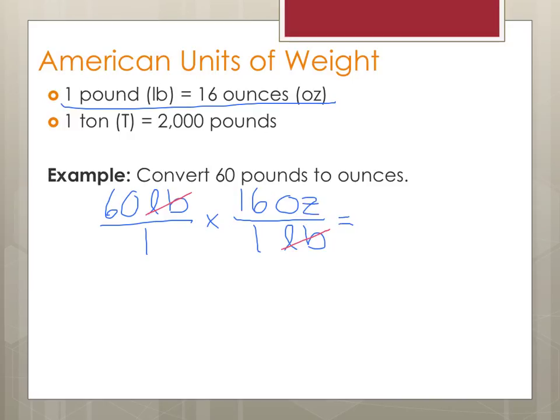We'll multiply across the top. 60 times 16 is equal to 960 ounces over 1 times 1 is 1, so this is equal to 960 ounces. And that's going to be our final answer.